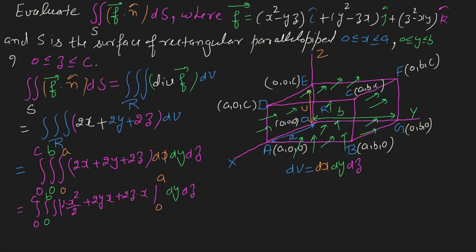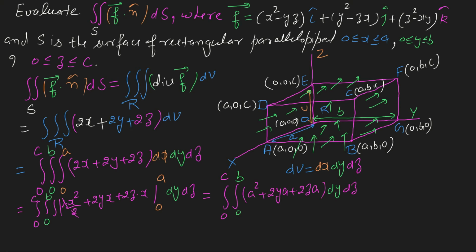So this 2 will cancel out, this 2 will cancel out, so we will get the integrals. When a is put in place of x, we will get a square plus 2y a plus 2z a, and this is dy, limit from 0 to b, and this is dz, limit from 0 to c.